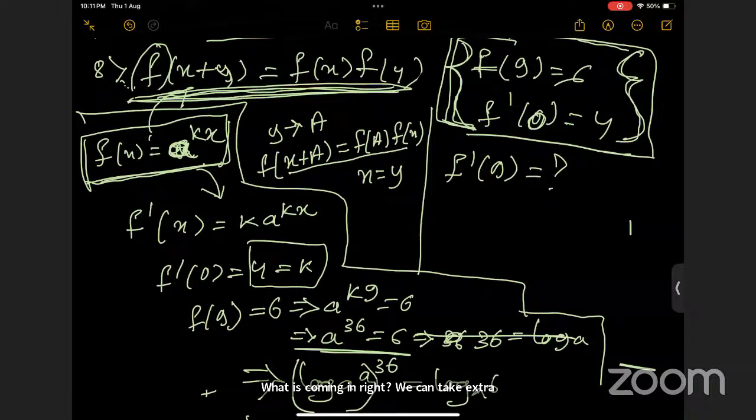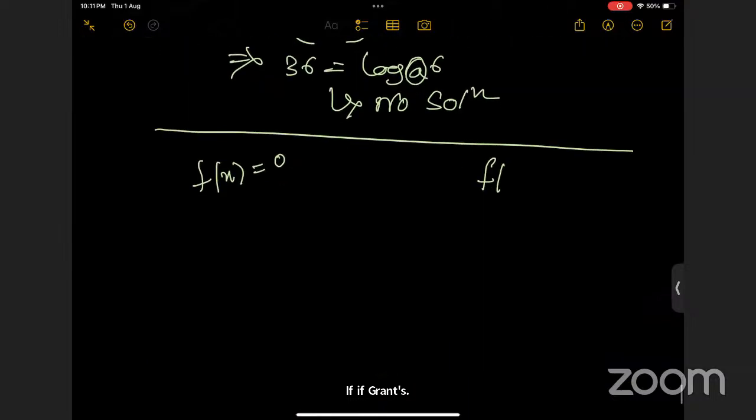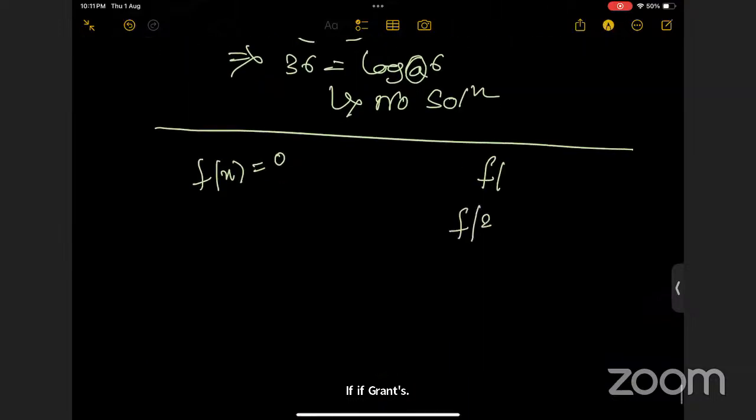We have two different variables, right? f of 2x is f(x) square, f square x. Are there any functions that we know?